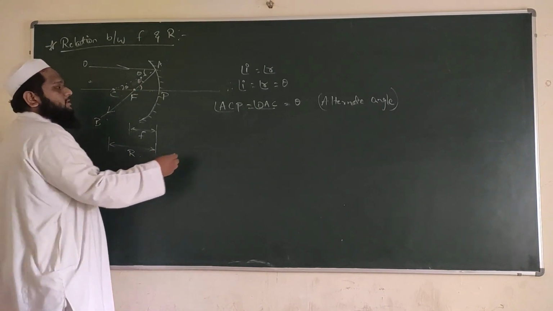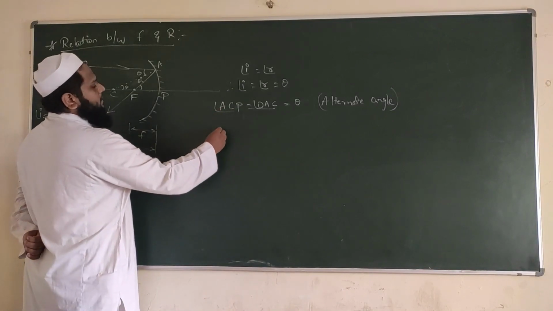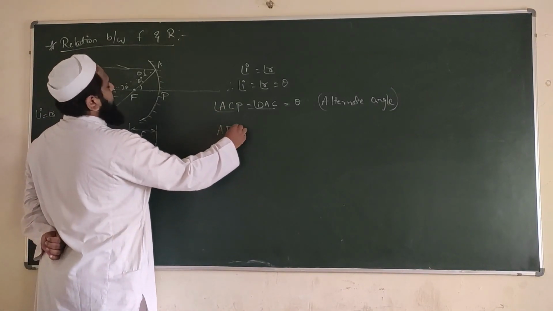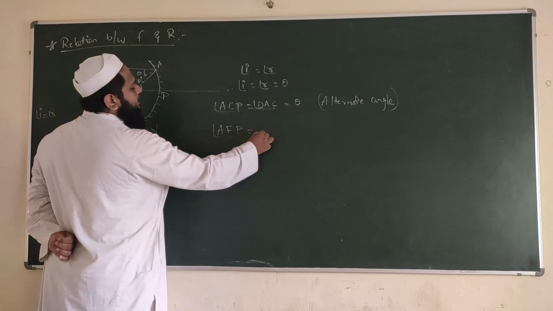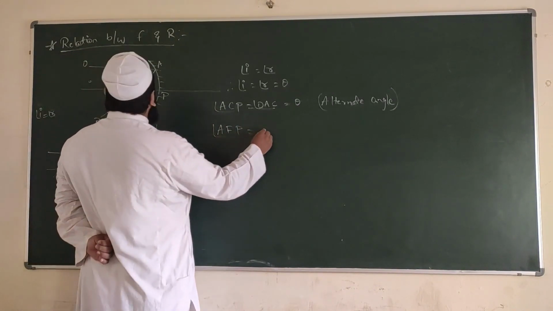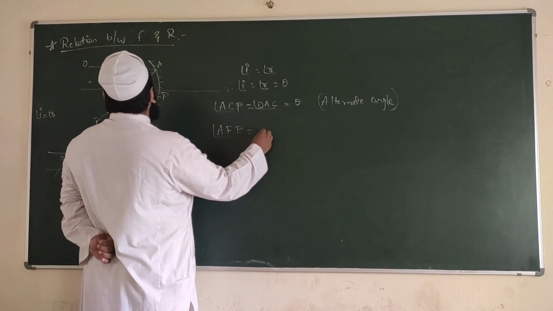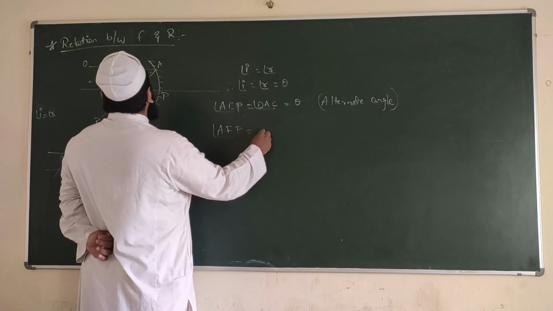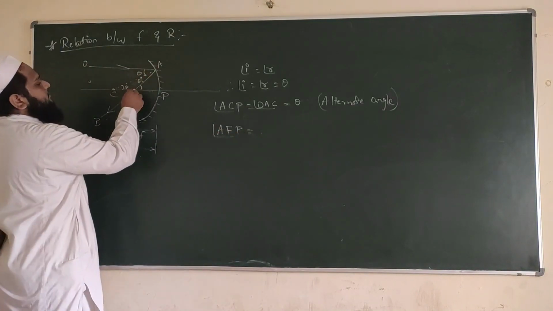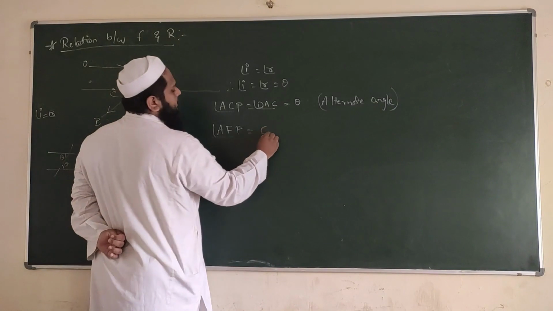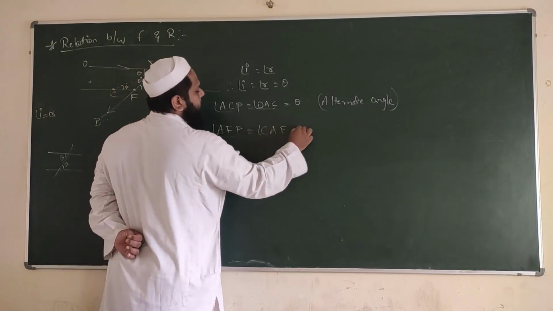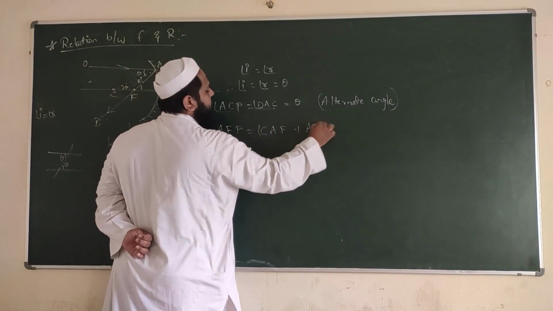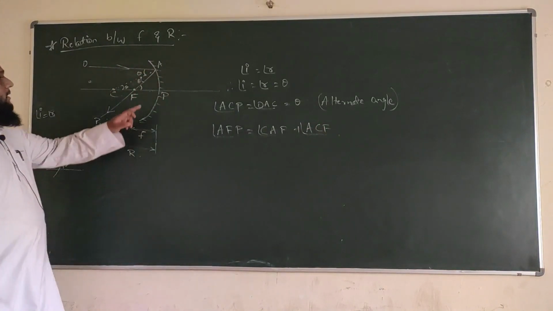So coming back to this, can I write angle AFP is equal to exterior angle equals sum of interior angles. It will be CAF plus ACF. Correct?